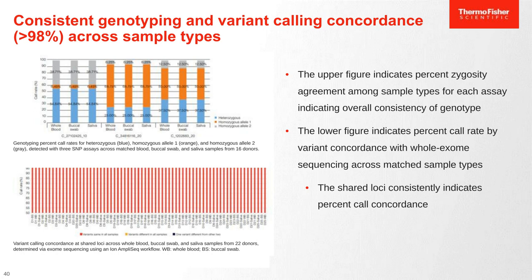And as you can see, the call rate is almost identical for all 3 sample types between the different donors, so showing very good concordance for genotyping. The same if you look at the bottom graph, variant calling concordance. You can see it's all in red, and the red indicates the variants are the same in all samples for all sample types. Very good results indicating all 3 sample types provide the proper results needed.